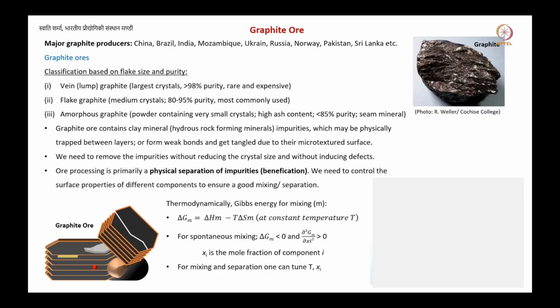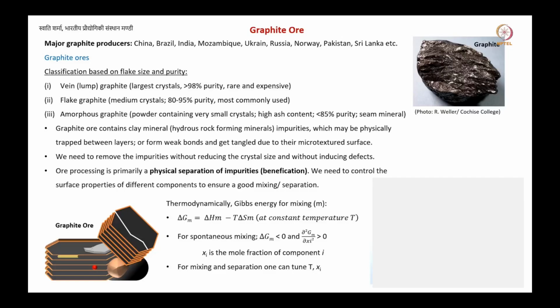Graphite ore contains clay minerals and impurities, which may be physically trapped between layers or form weak bonds and get tangled due to their micro-textured surface. We need to remove the impurities without reducing the crystal size and without inducing defects. This is very important.